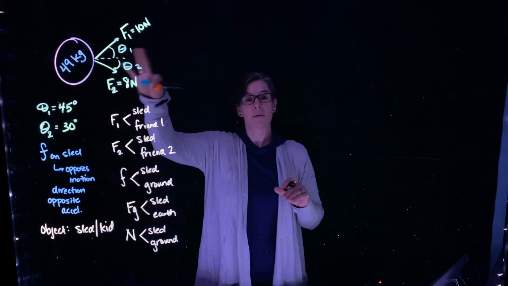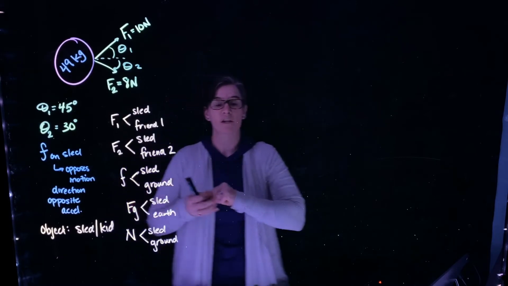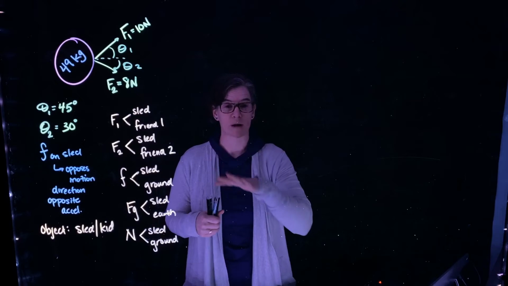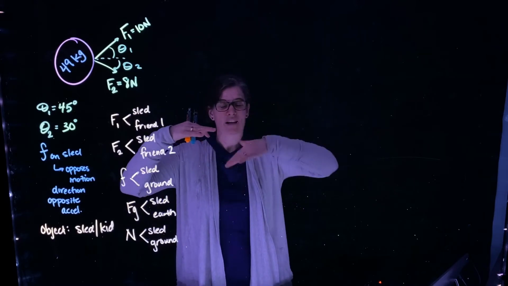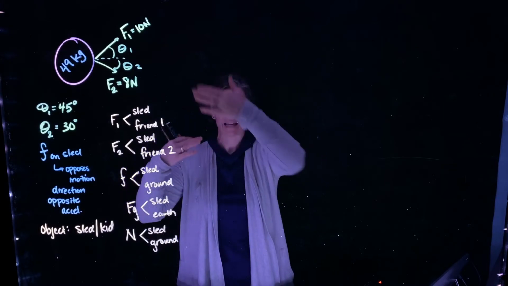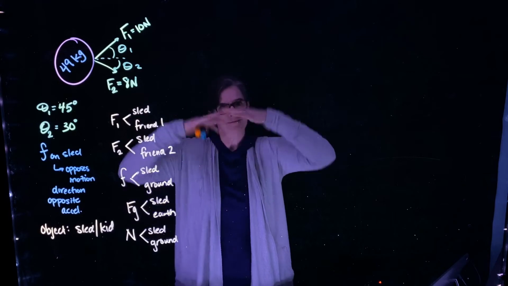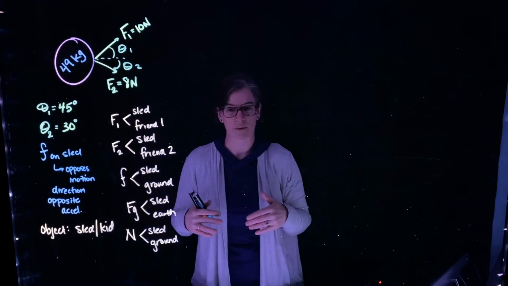Now, if we look at a top-down view, which is what we're looking at here, we're going to really be looking at the acceleration along the plane of the ground. If we looked at a side view, that force of gravity and that normal force, there's no acceleration in that direction, the typical earth vertical direction.